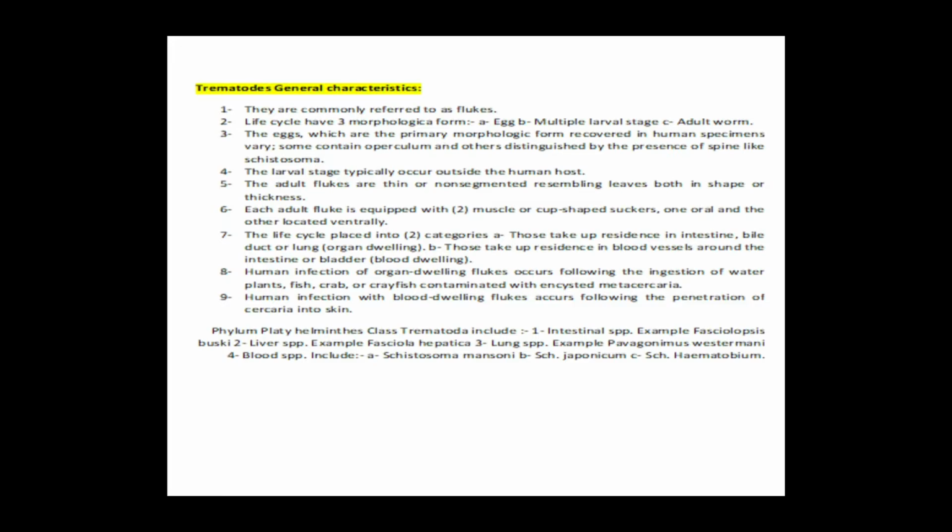Second, liver species, for example Fasciola hepatica, which is the lecture of today, and Clonorchis and other species. Third group, or class, lung species, for example Paragonimus westermani, and the blood group includes Schistosoma species, which are Schistosoma mansoni, Schistosoma japonicum, and Schistosoma haematobium.